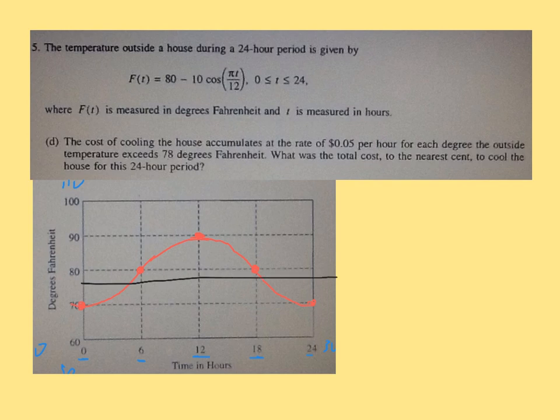So there's our 78. So just think in right here, whatever that is, the degree difference times 5. And then in this little section here, each degree where it exceeds 78, the degree difference times 5. This degree difference times 5. So it's all of this, whatever that difference is, times 5.